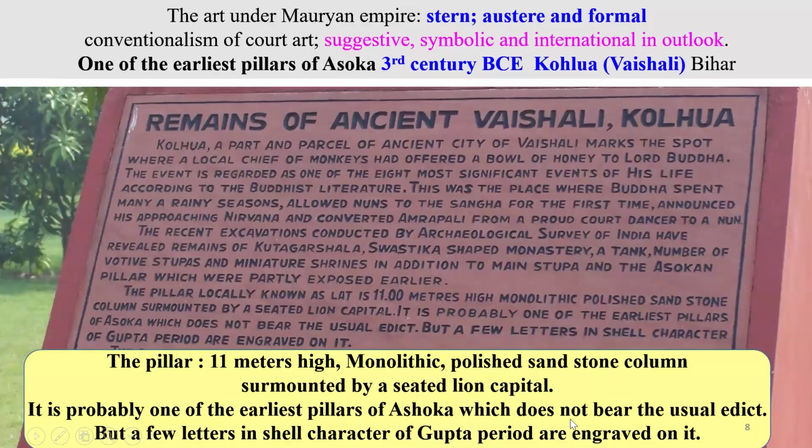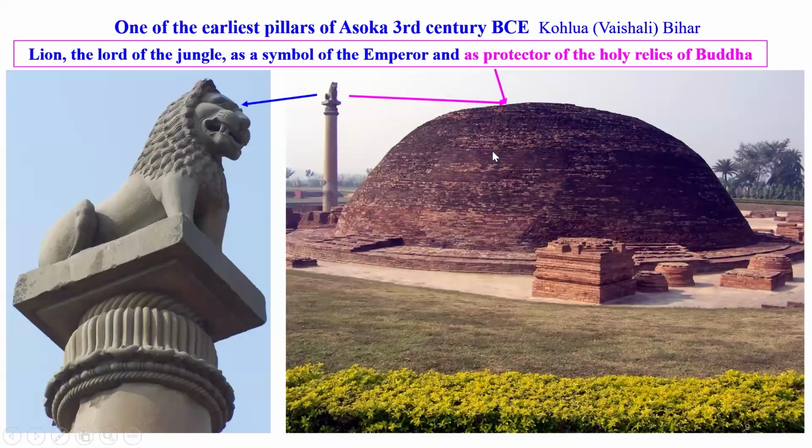There are no edicts, but there are small engravings, you can almost call it graffiti, from the Gupta period, in Shankhalipi. Some things are engraved on it, but you can understand what is meant by empire art. You can see the main stupa has been enlarged.